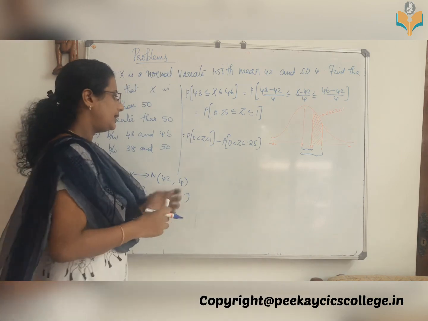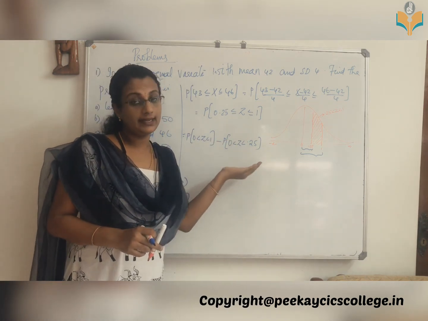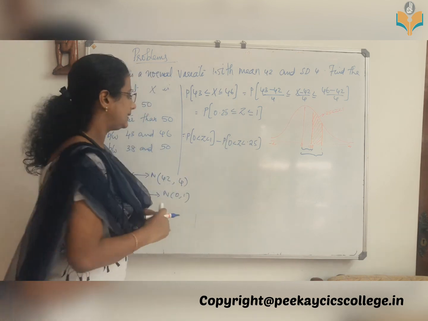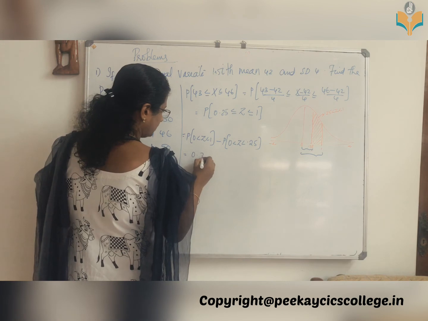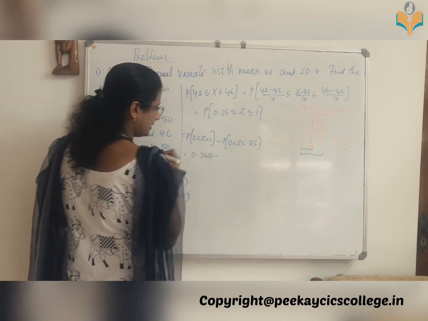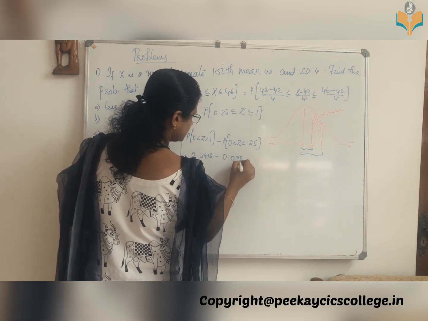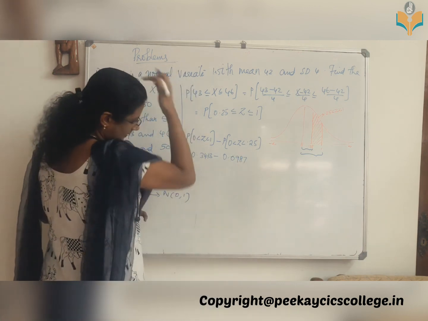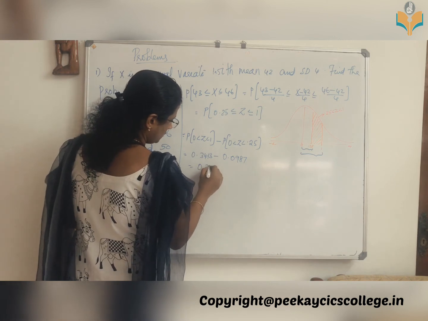Okay. 1ലുള്ള ഇതിൻ്റെ വാല്യൂസ് കാണുക, 0.25 ഉള്ള ഏരിയയുടെ വാല്യൂസ് കാണുക, സ്റ്റാറ്റിസ്റ്റിക്കൽ ടേബിളിൽ നിന്ന് ഇത് 0.3413 minus this value will be 0.0987 and the final answer is 0.2426.